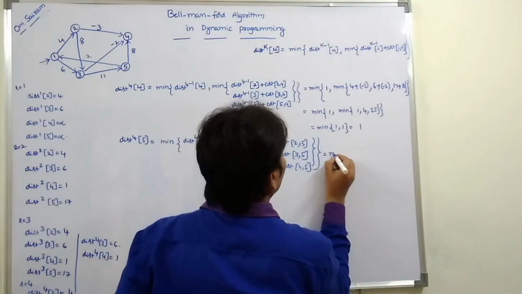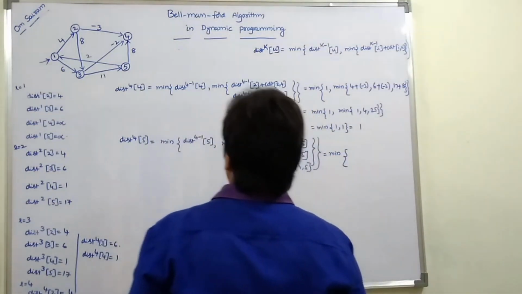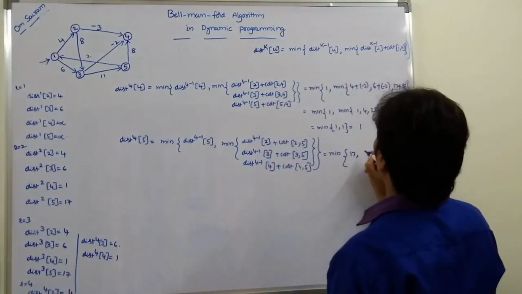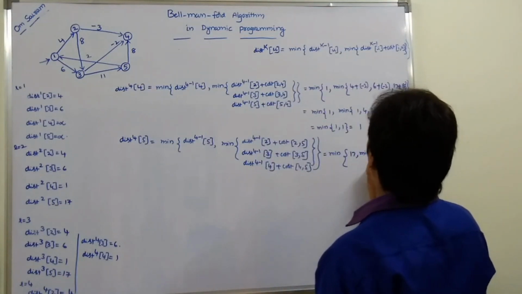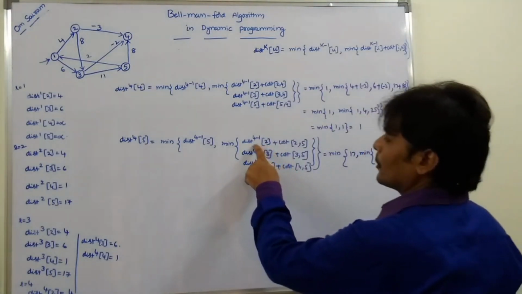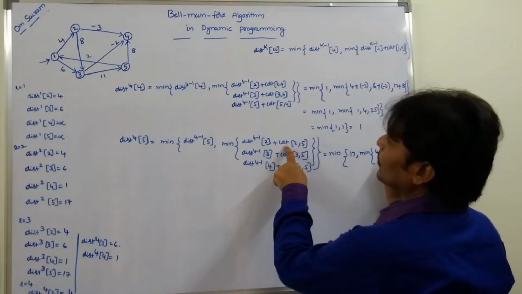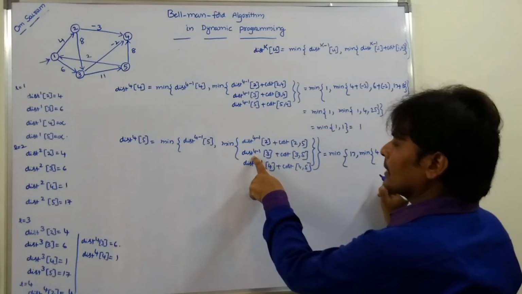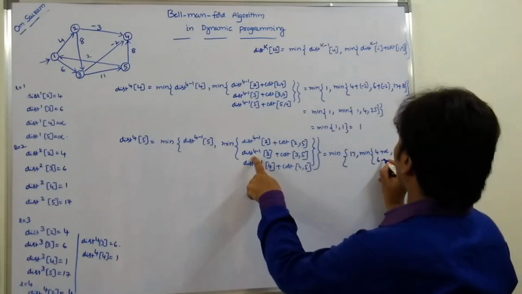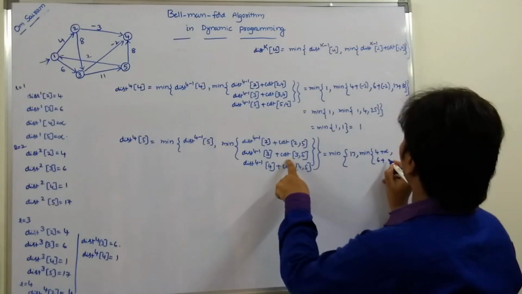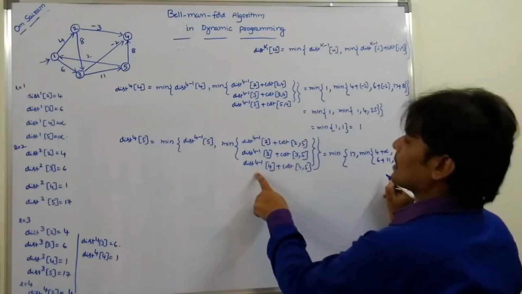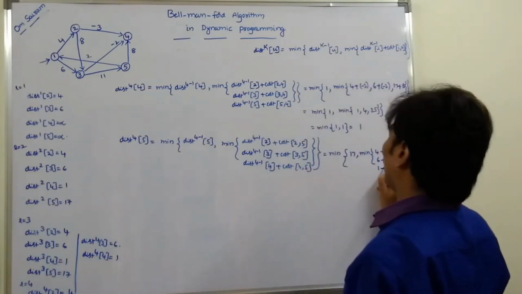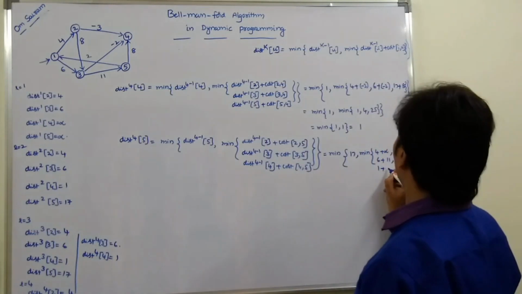So that is equal to the minimum of DIST 3 of 5, which is 17, comma, the minimum of DIST 3 of 2, which is 4, plus cost of 2 comma 5, which is infinity, comma DIST 3 of 3, which is 6, plus cost of 3 comma 5, which is 11, comma DIST 3 of 4, which is 1, plus cost of 4 comma 5, which is infinity.